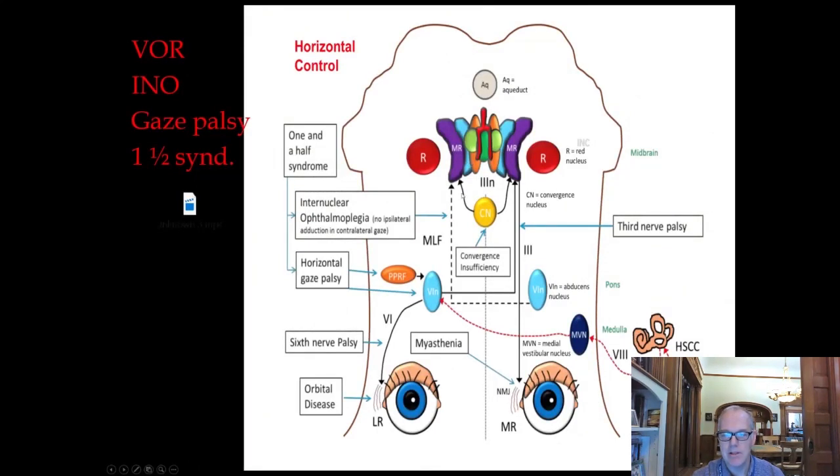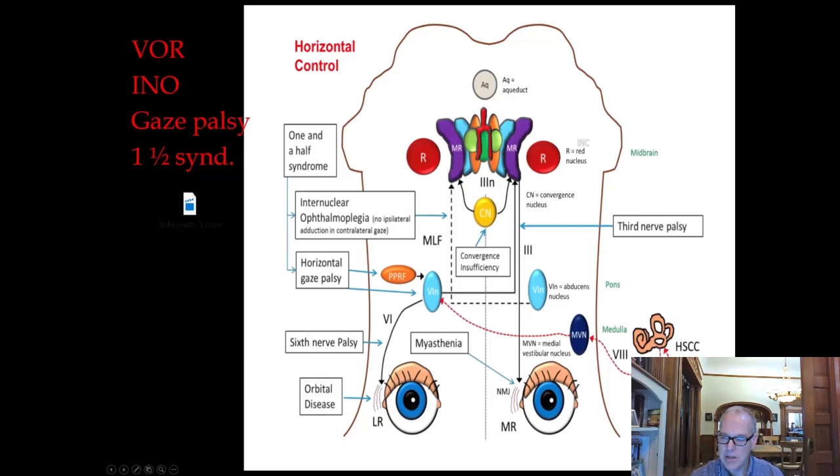Now, this is a very busy slide, but yet I think really quite instructive. A lot of this we've already talked about, but now kind of puts a little more details on it. So first, let's just appreciate here that our semicircular canals, when you turn your head, it stimulates flow of endolymph in the semicircular canals.